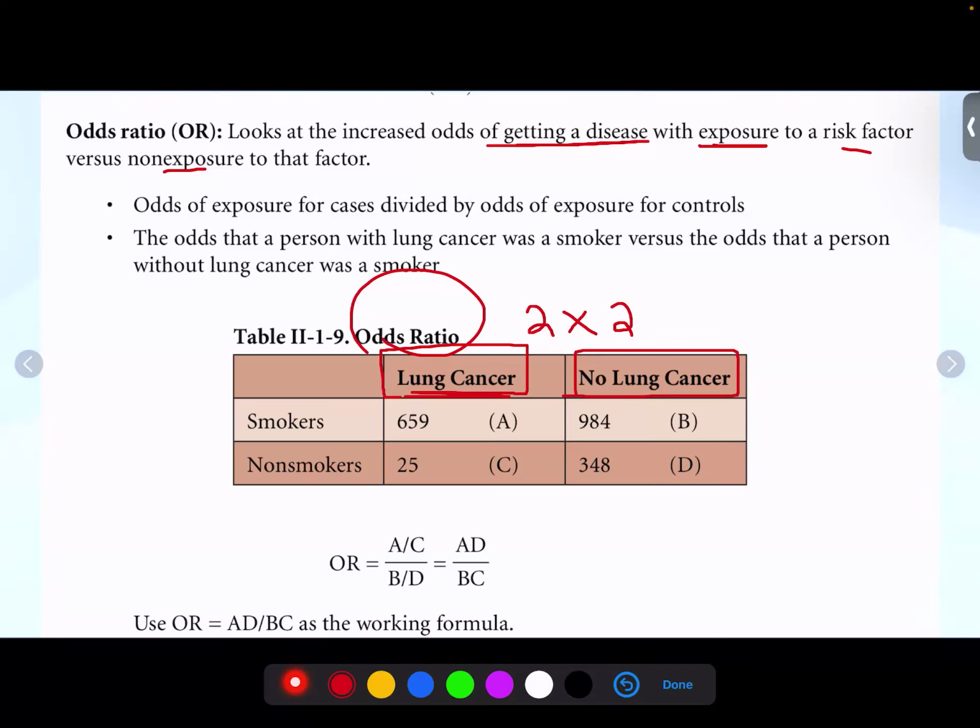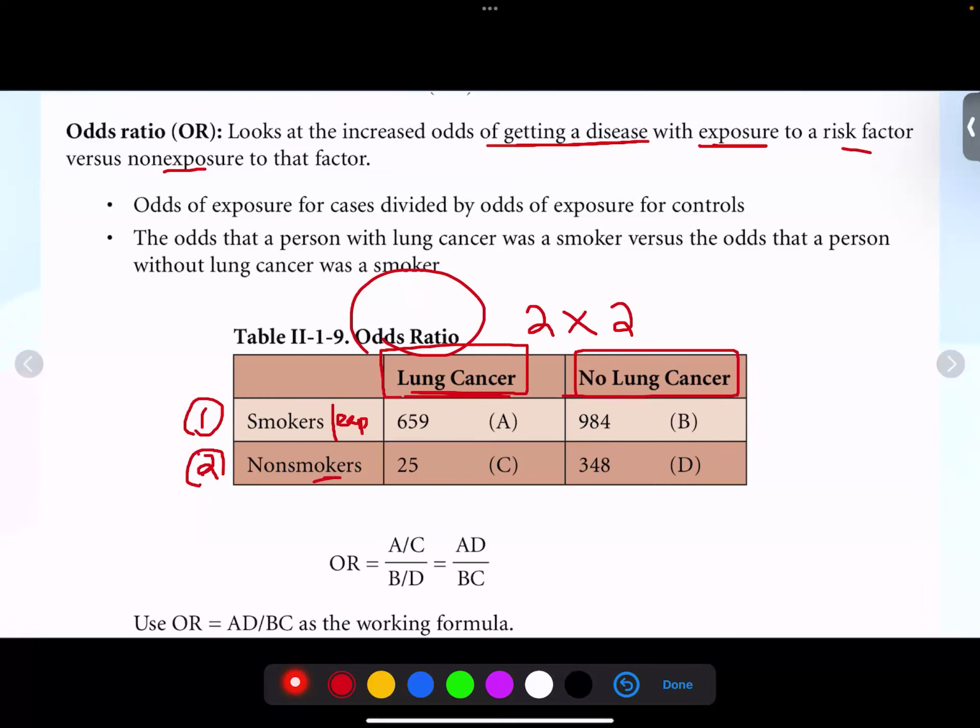Okay, so like previously we discussed in the sensitivity test, where we wrote test positive or test negative, here in the odds ratio you will see exposure positive, meaning smokers, and exposure negative, meaning non-smokers.